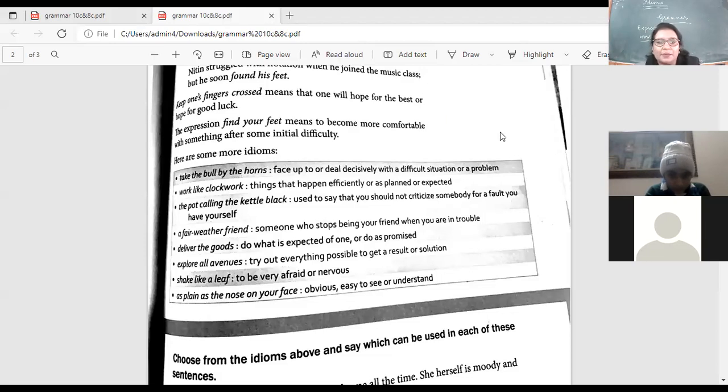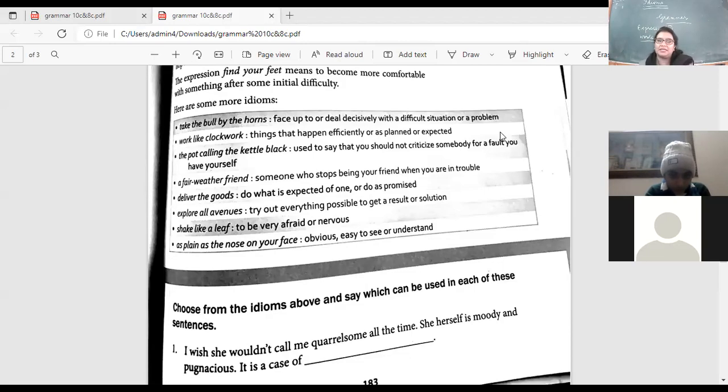Next one, shake like a leaf. What happens to the leaf? When the wind blows, it's shaking, right? In windy weather. So when do you shake like a leaf? It's a simile here, a comparison. Dar gaye ho, you're scared, you're nervous, isn't it?